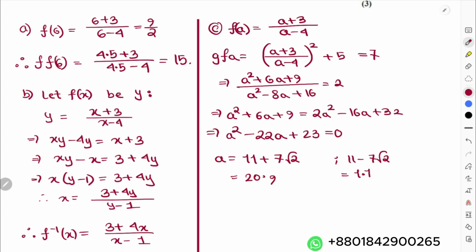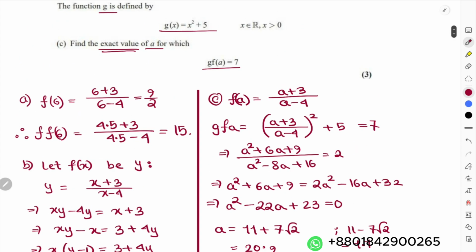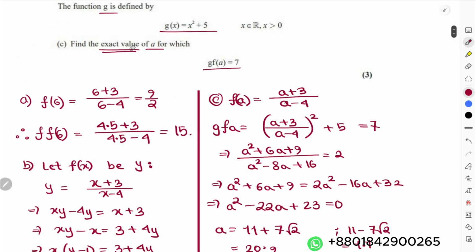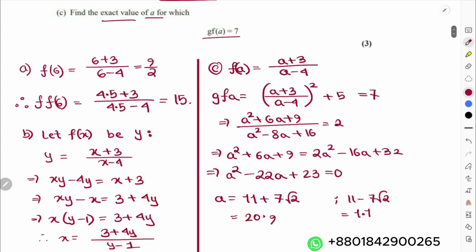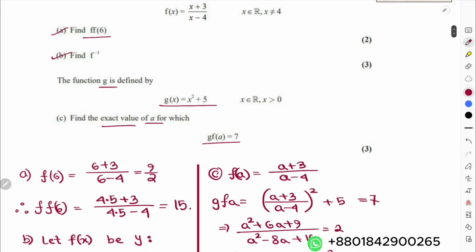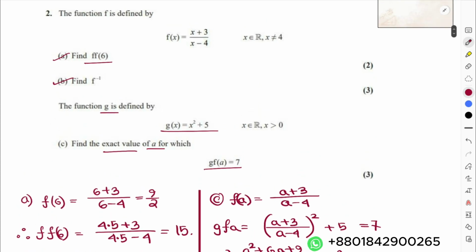Even though I'm obviously not going to accept these decimal values, we have to accept one value of a, because in the question also it was stated find the exact value of a, not exact values of a, right? They're not accepting multiple values, they're only accepting one value from here.